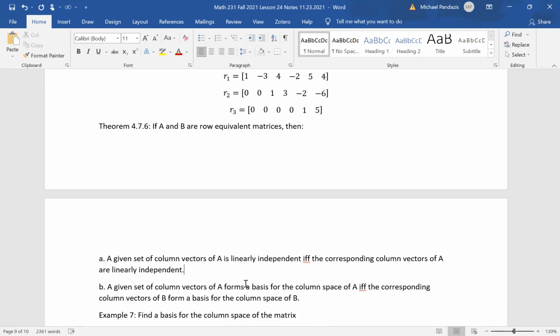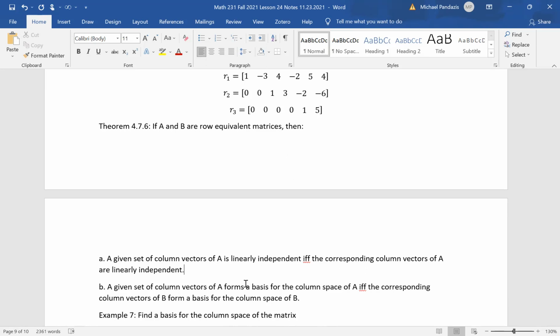So this is almost like A, except it says a little bit more. It says not only does this correspondence talk about linear independence, you can say for bases. So if you have A and B as matrices that are row equivalent, then if you take a certain set of columns in one and it forms a basis, then the same corresponding columns in the other also forms a basis.